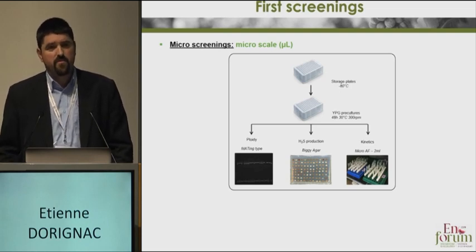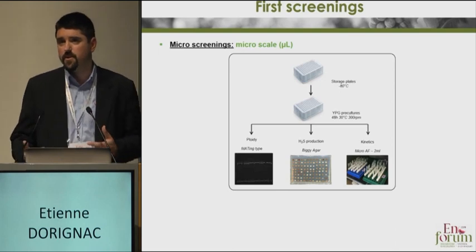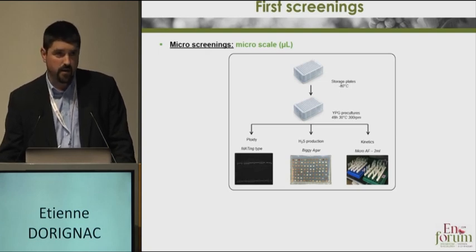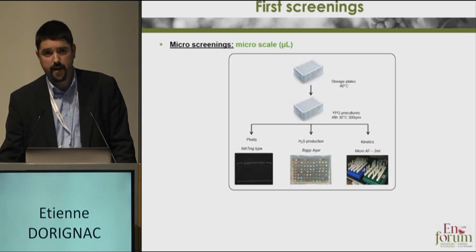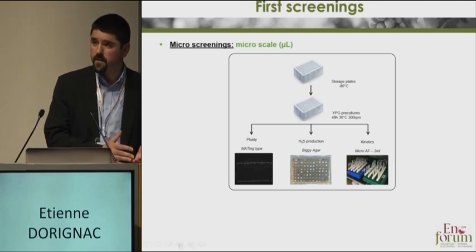And then from this hybridization, we started a long process of screenings and vinifications to be able to find the right strains. The first is the micro scale. On the micro scale, what will we do? We will start to see what the sexual type is, and if they are real hybrids or not.